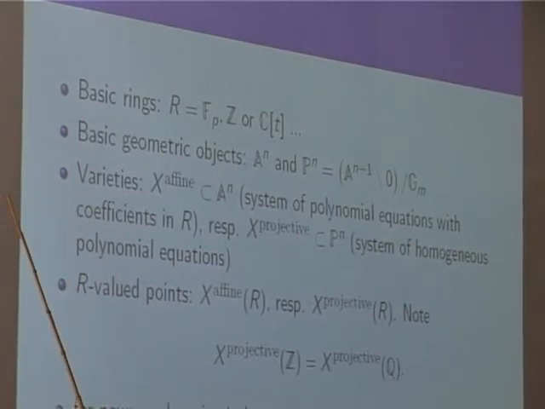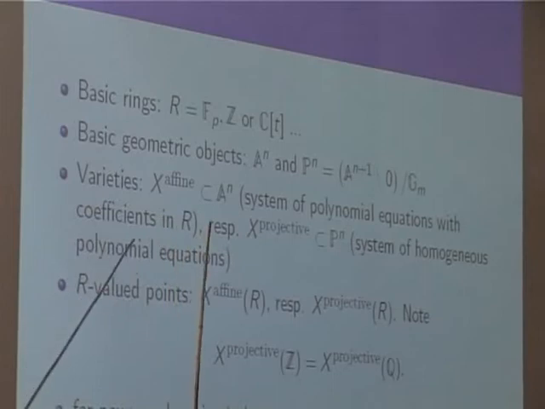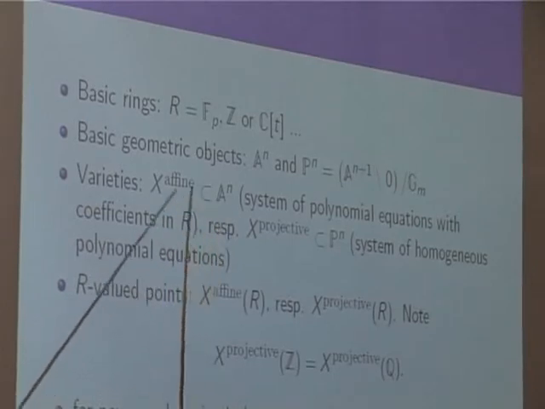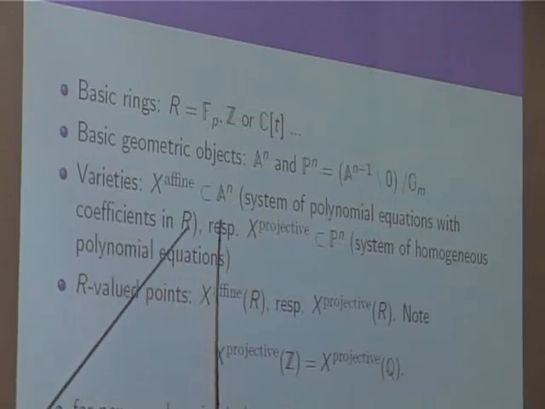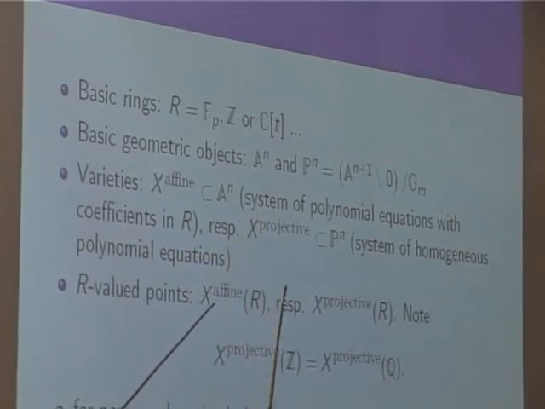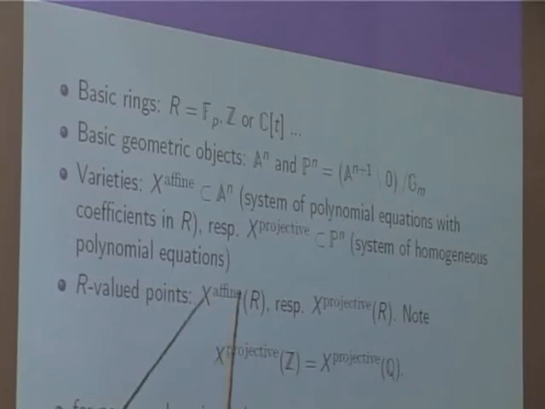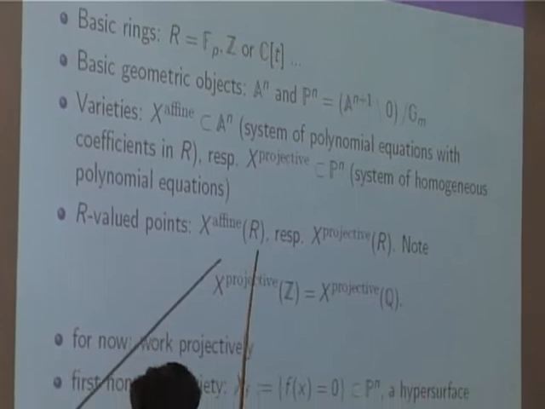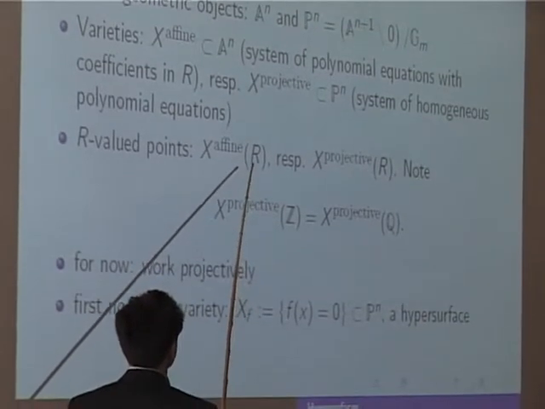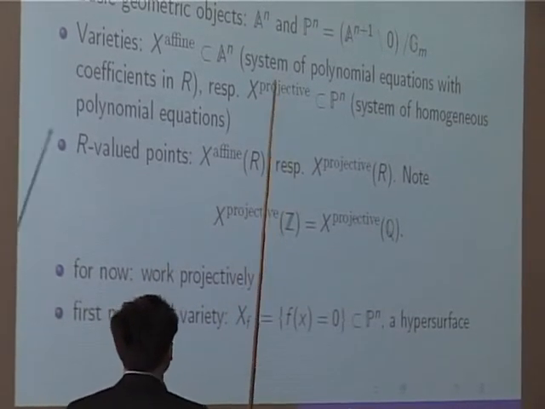So then we have varieties. We could look at non-homogeneous equations, just polynomial equations with coefficients in our ring. Or we can look at homogeneous polynomial equations, and then we could look at points, solutions with values in our ring.